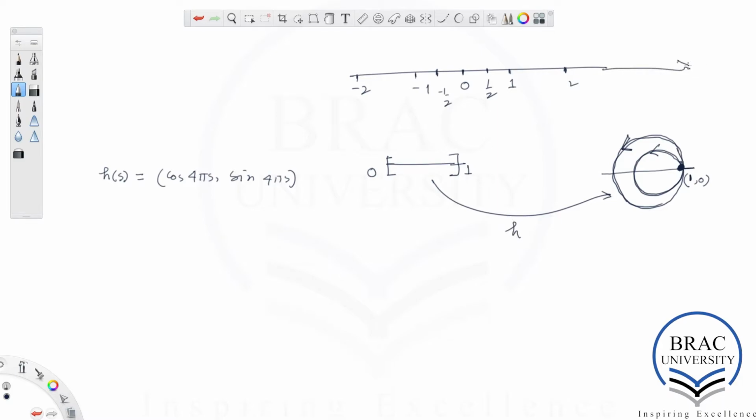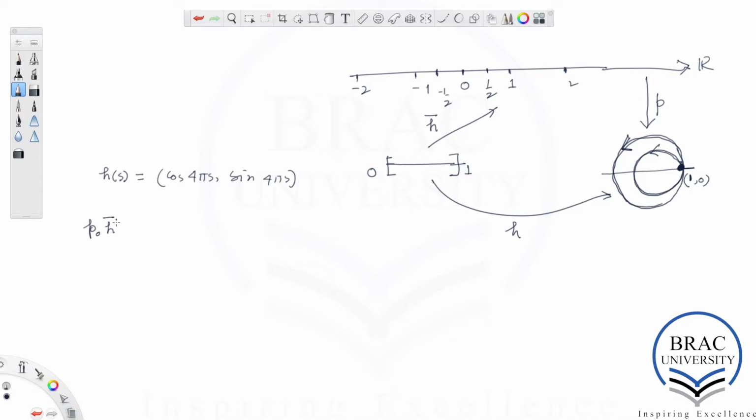And from this real line, we have the covering map to the unit circle. Now I need to know what this h bar, or the lift of h, looks like, which should be a map from [0, 1] to the set of real numbers. Okay, let's see.